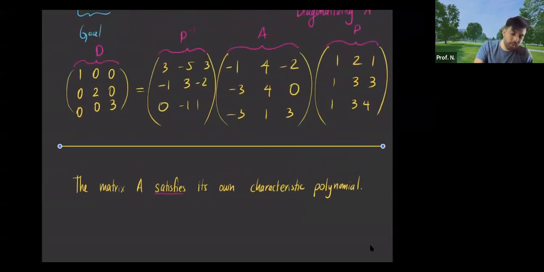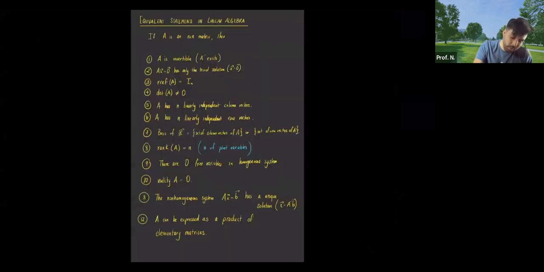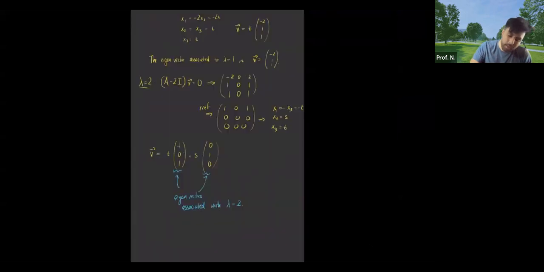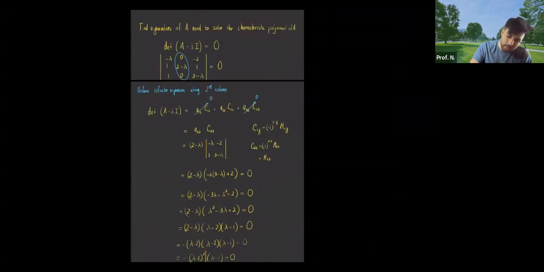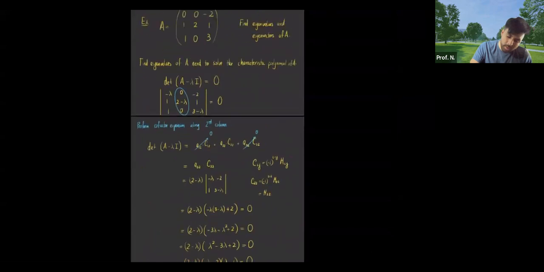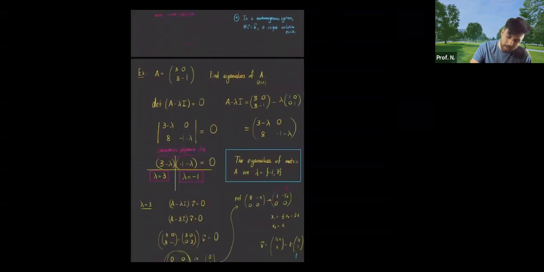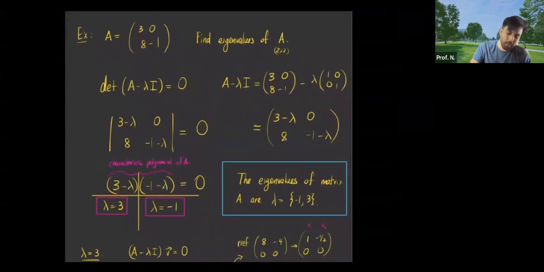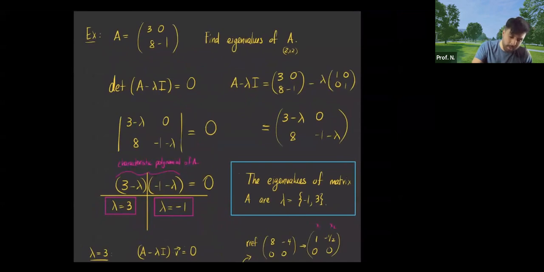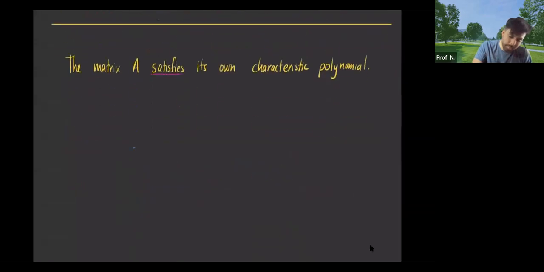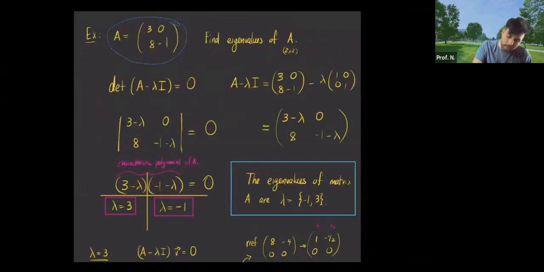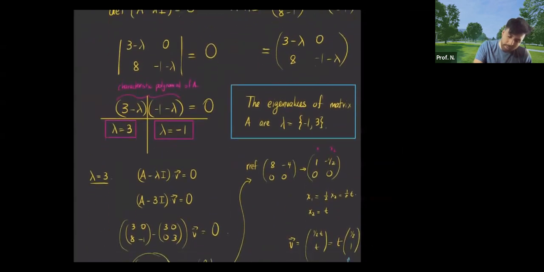What does that mean? So let me see if I can go back to the example, right? Let's see the eigenvalues. I want to go back to a simpler one, there we go. So I'm going to copy this example and put it here. And then the characteristic polynomial was this, right?